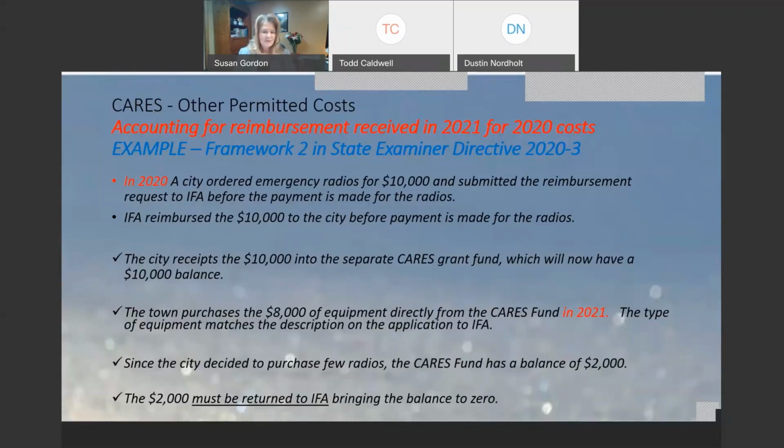The town purchases only $8,000 of equipment directly from the CARES fund in 2021, and the type of equipment matched the description on the application to IFA. Since the city decided to purchase fewer radios, the CARES fund had a balance left of $2,000. That $2,000 has to be returned to IFA, bringing the balance of the fund to zero.